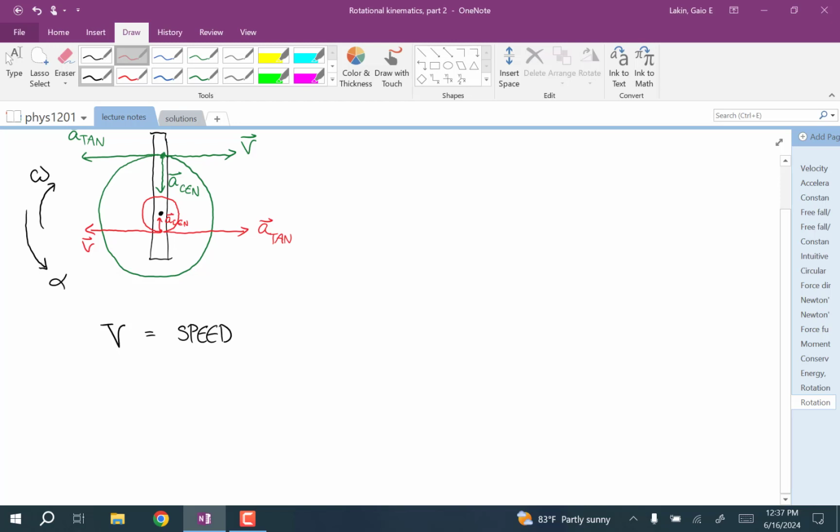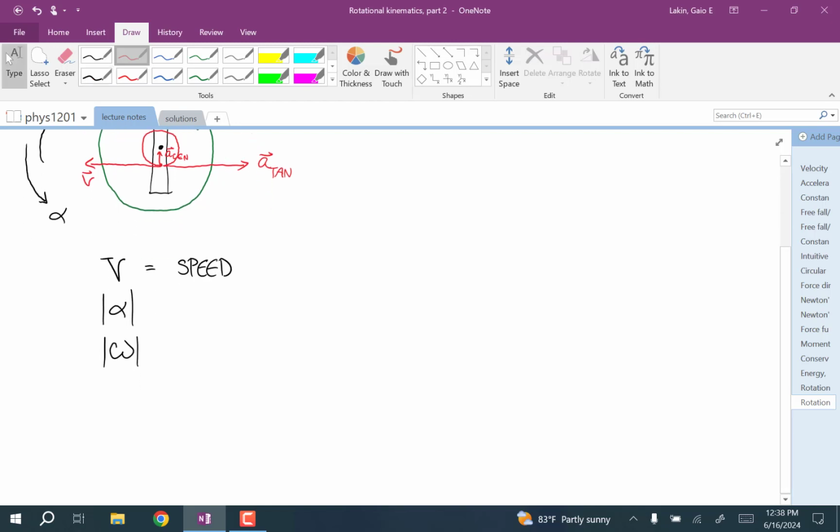When I'm talking about the magnitude of the angular acceleration, it's going to be that. The magnitude of the angular velocity is going to be that. The magnitude of the tangential acceleration is going to be that. The magnitude of the centripetal acceleration is going to be that. So these are the magnitudes I'm going to use.